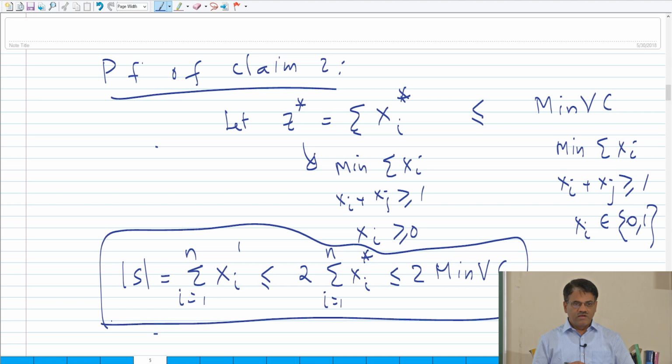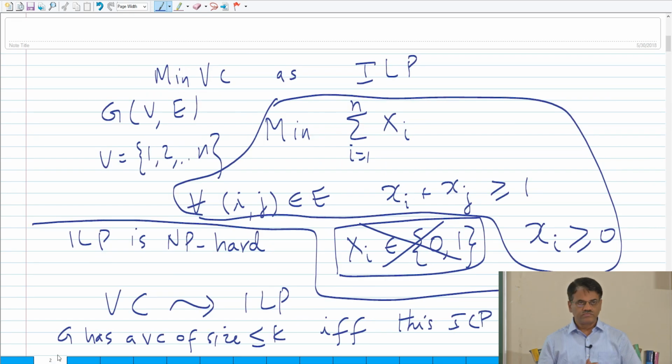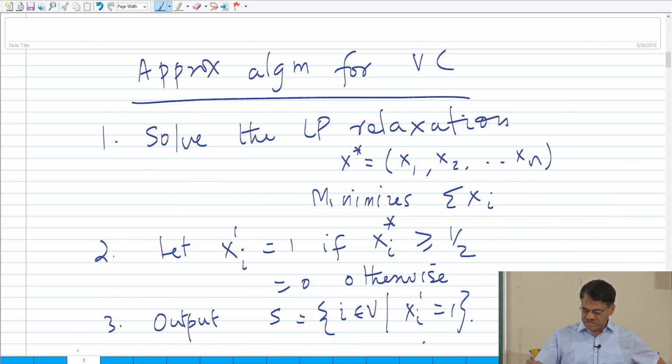So, how do I formulate the weighted vertex cover problem as a linear program? That is it: minimize summation Wi xi, nothing else changes. Minimize summation Wi xi subject to this constraint with this integrality condition, and I relax it, same algorithm, do this rounding.